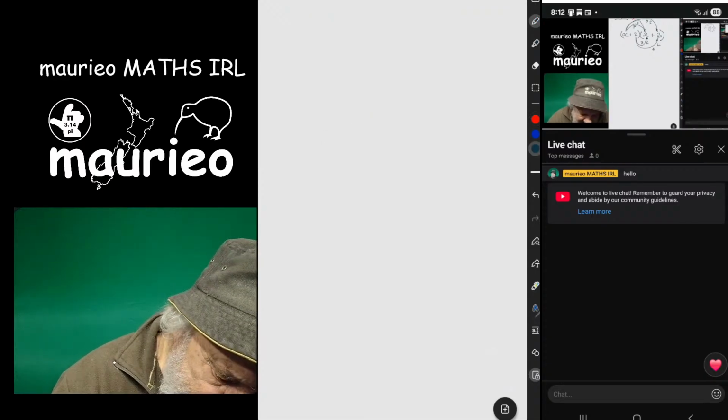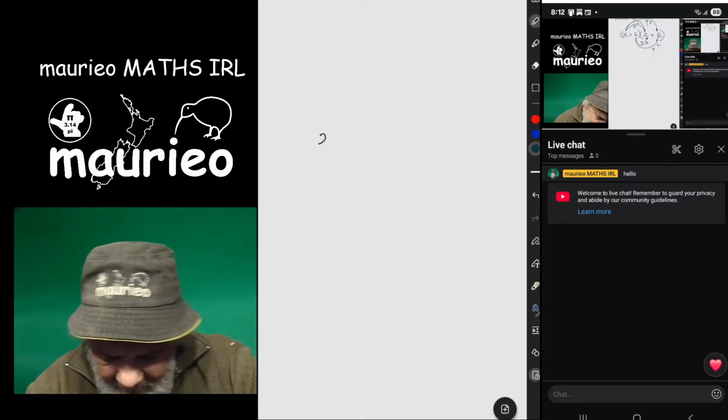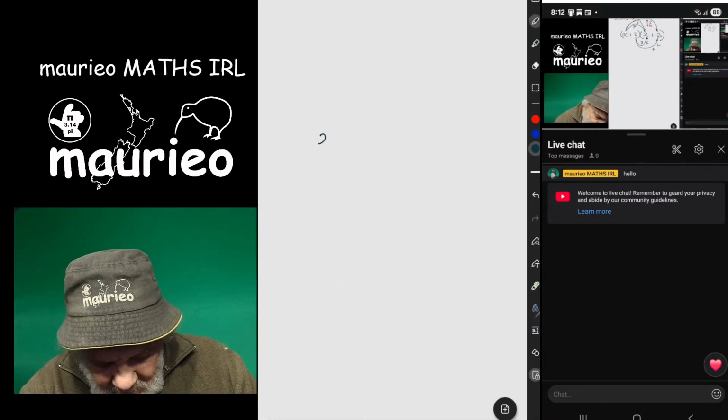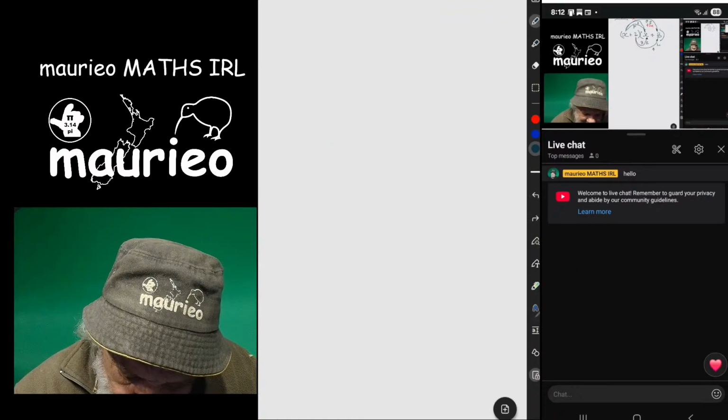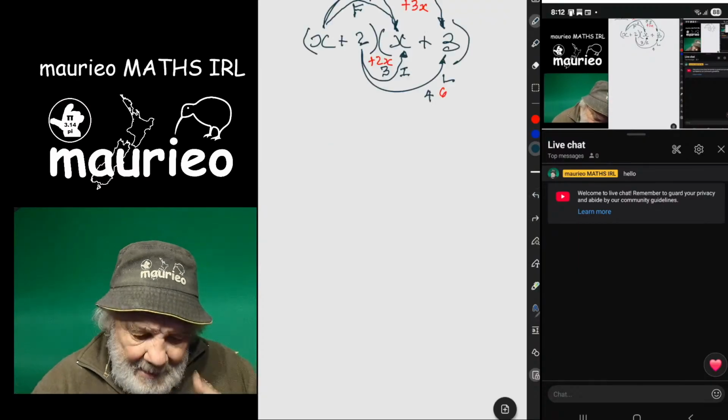So the first is x squared, the outer is plus 3x, the inner is plus 2x, and the last is plus 6.